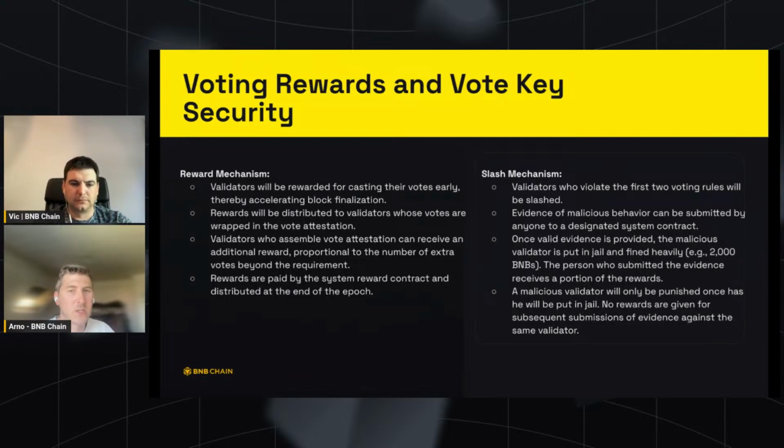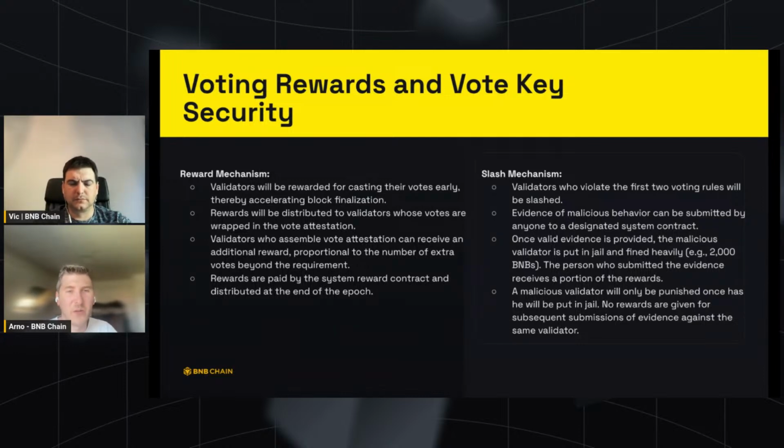We're going to release another article showing exactly how the reward is paid out and the mathematical formula around it, which shows the potential return for validators. It's not going to have a huge impact on APR, but it's a small reward since they're doing something more. To be more responsible, they need to be rewarded as well.